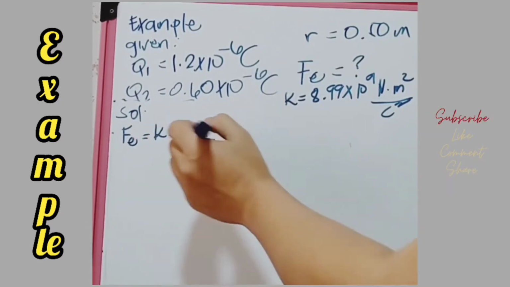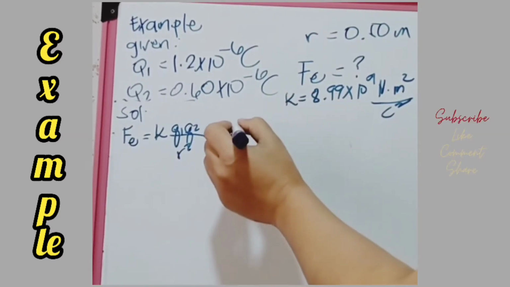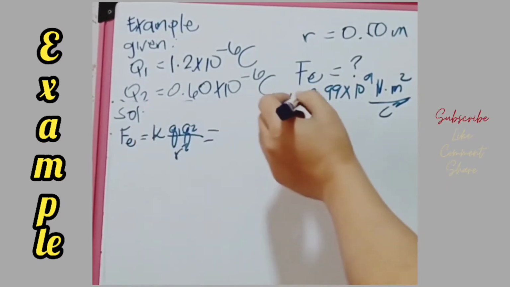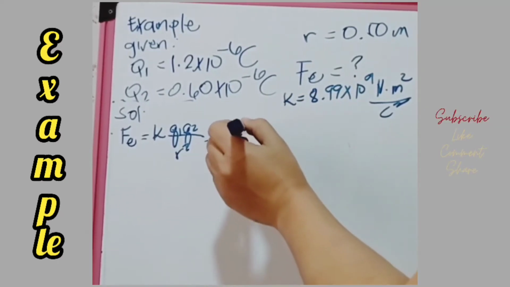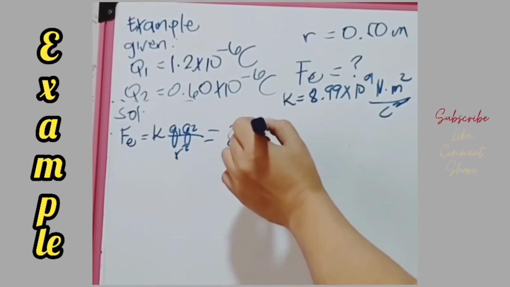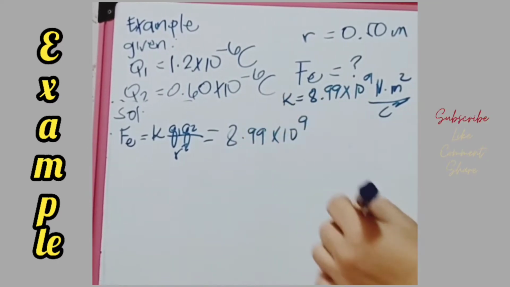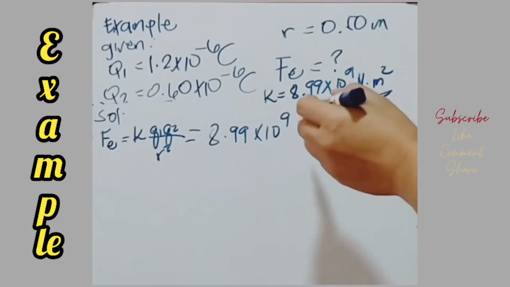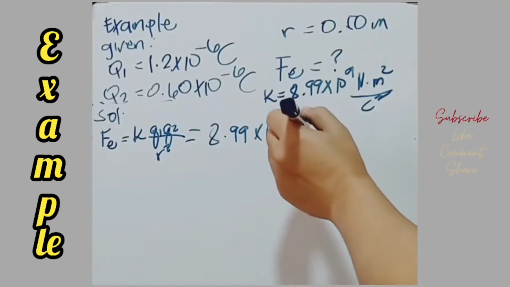Okay, by substitution, so bring down the value of K, which is constant. Again, saan natin kukunin yung K? Ito po, constant po yan, di po nagbabago. 8.99 times 10 raised to the power of 9. Though in some other books or references, ni-round off nila ito into 9 times 10 to the power of 9.